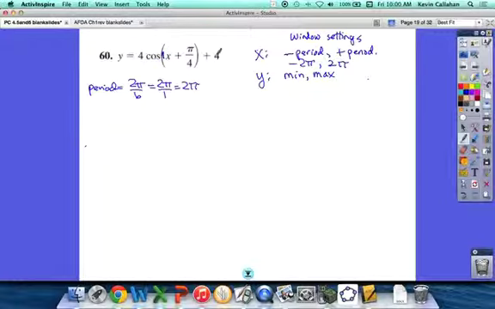Like in this one, if there was no vertical shift, the amplitude is 4, so what would be the minimum and the maximum? It'd go negative 4 to 4, but everything is shifted up 4. So the min should be negative 4 plus 4, which is 0. And the max should be positive 4 plus 4, which is 8. So we want to set our window from 0 to 8.